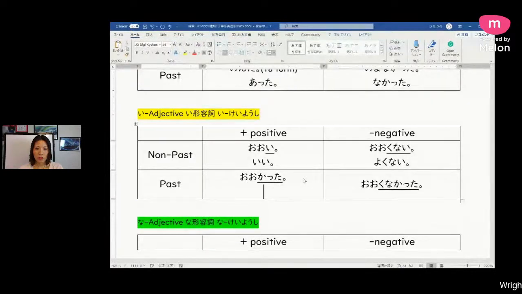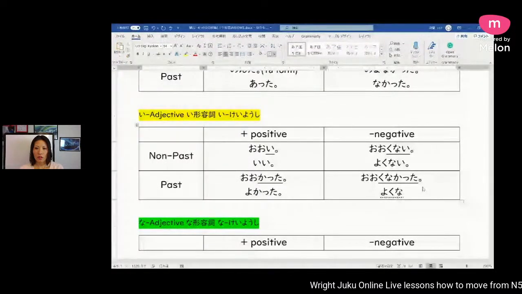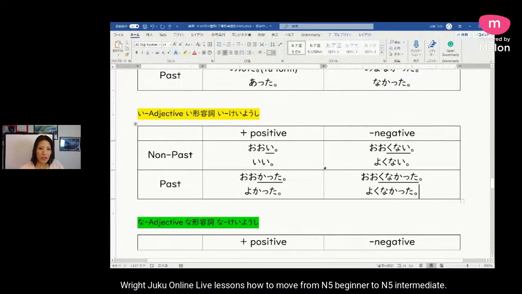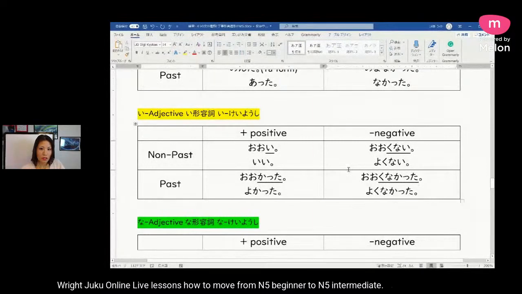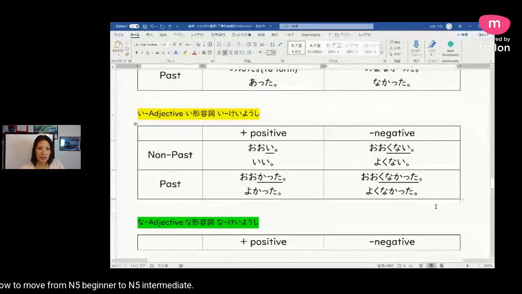Please add this one as well. いい、良くない、良かった、良くなかった。Alright, that's done for the e adjective.